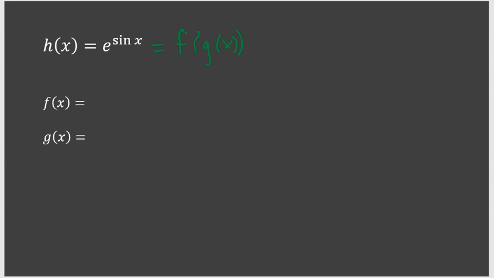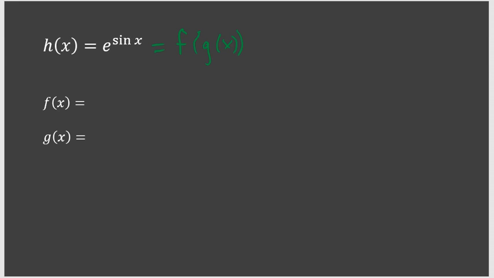So just taking a look at e raised to the power sine of x, we have our basic kinds of functions here. We have sine of x, cosine, tangent, any basic trig function. We have our basic exponential function, our basic logarithmic functions, polynomials. So think along the lines of these nice basic functions. What are the two basic functions making up my composition here?